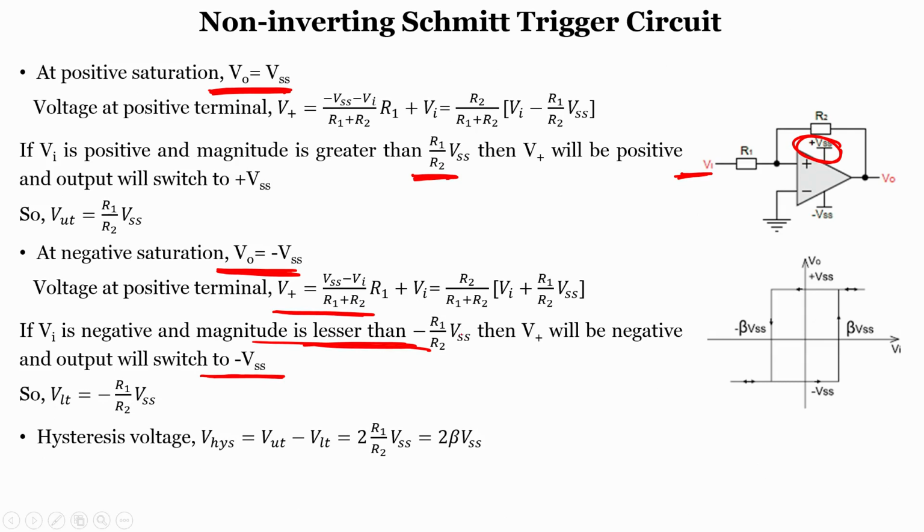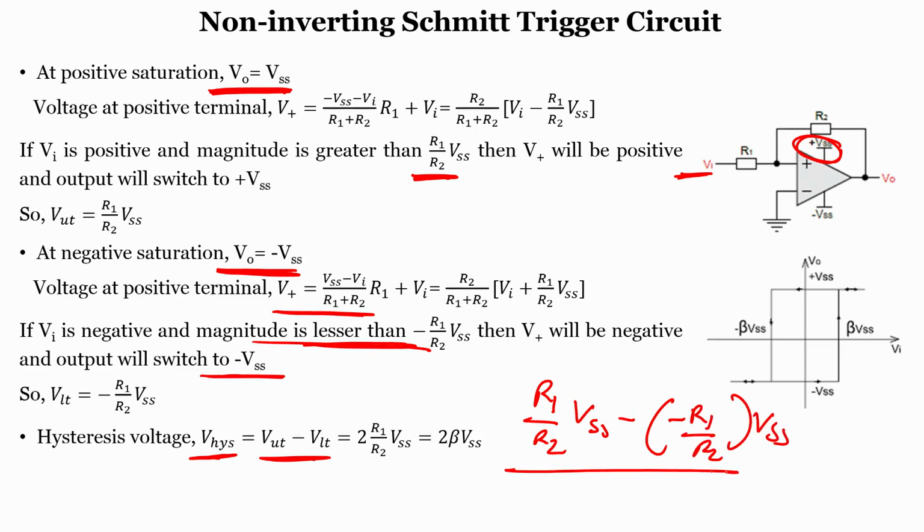Thus, my hysteresis voltage will be V hysteresis equals V U T minus V L T. V U T is R 1 by R 2 into V S S minus, so we have written R 1 by R 2 V S S minus of R 1 by R 2 into V S S. This will be nothing but plus 2 times R 1 by R 2 into V S S, and what is R 1 by R 2?